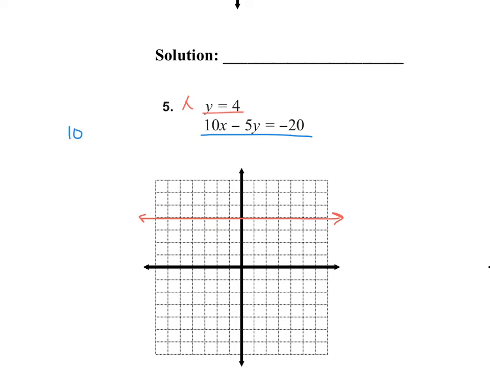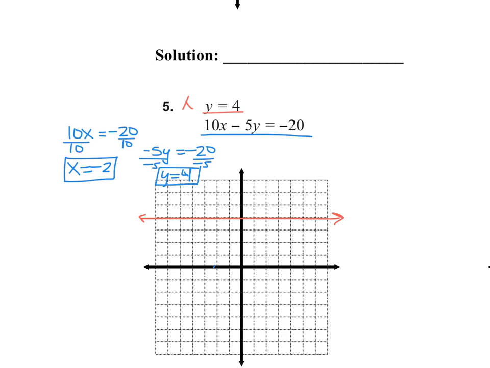So I would say 10x equals -20, and I would say -5y equals -20. So divide by 10 over here, and I get x equals -2, and divide by -5 over here, and I get y equals 4.